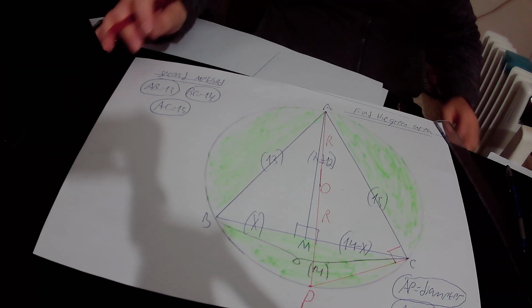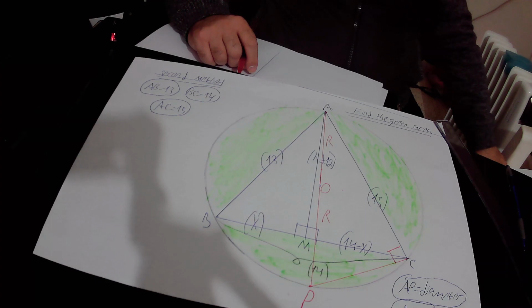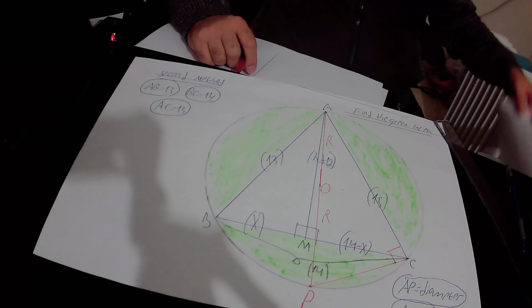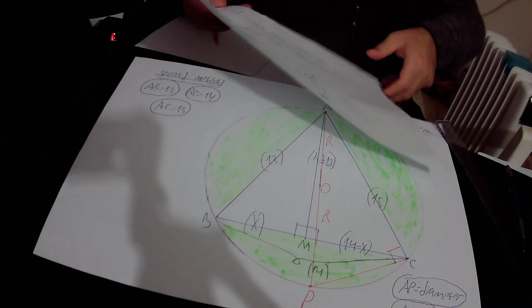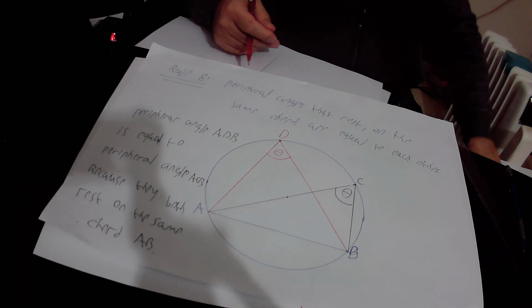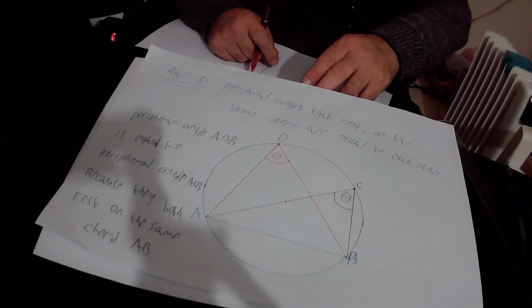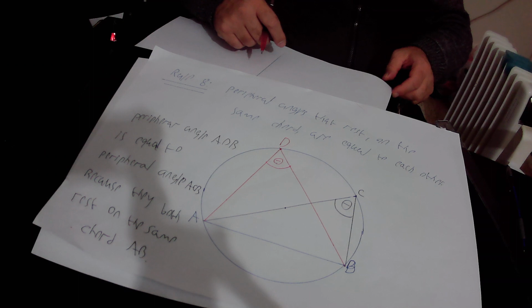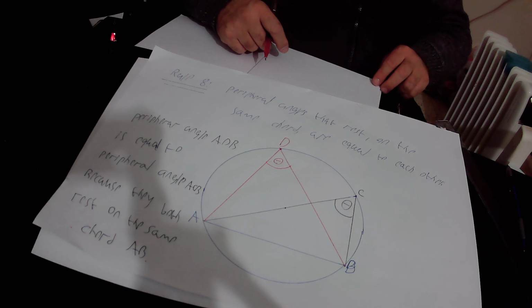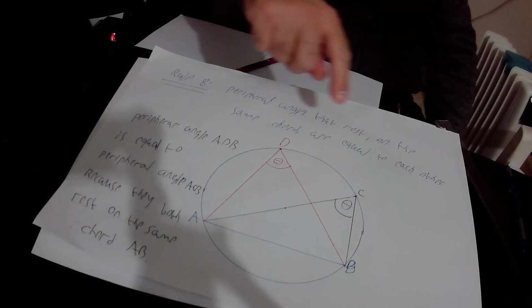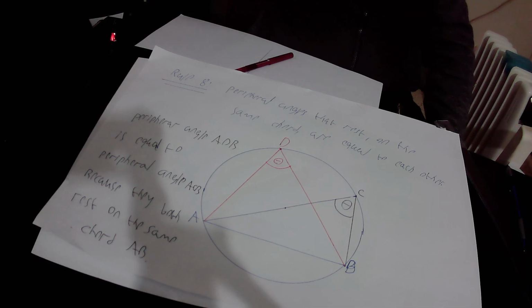In the next step, I present to you rule number 8 and we will implement rule number 8 in our drawing. According to rule number 8, peripheral angles that rest on the same chord are equal to each other. In the drawing, we have two peripheral angles.